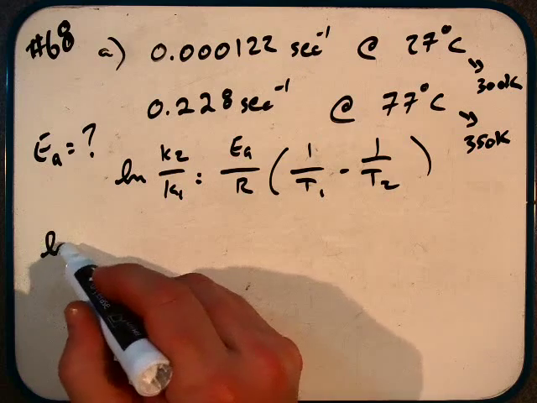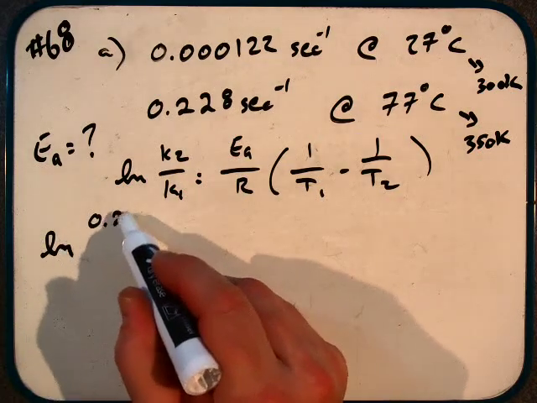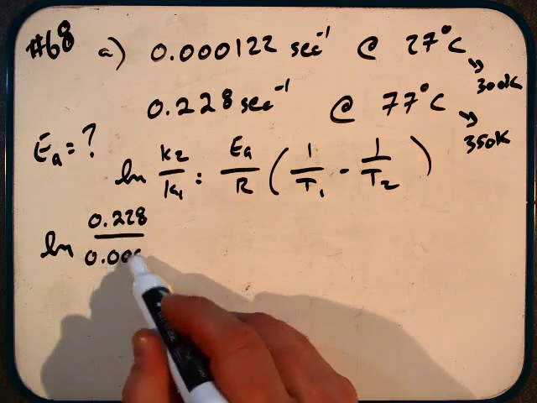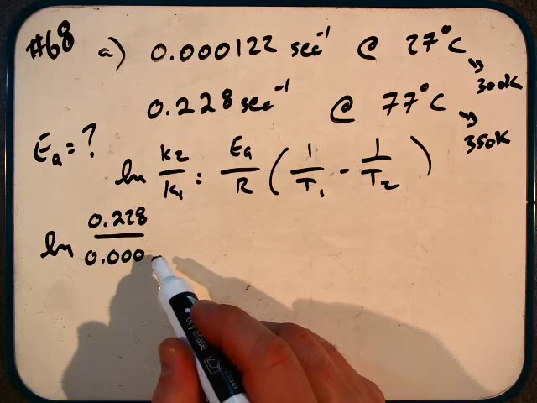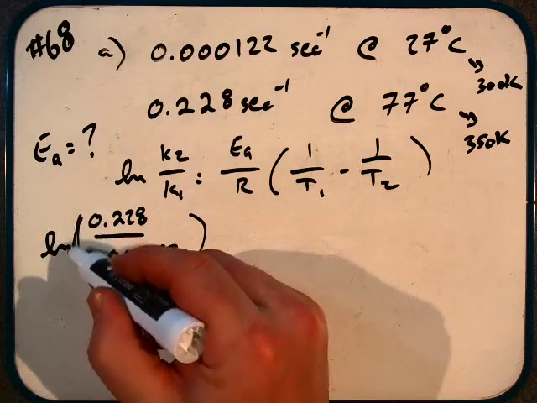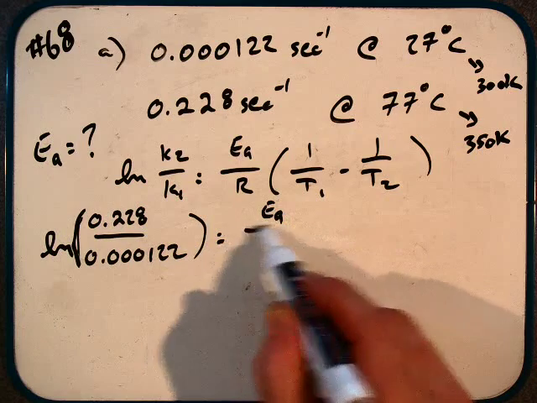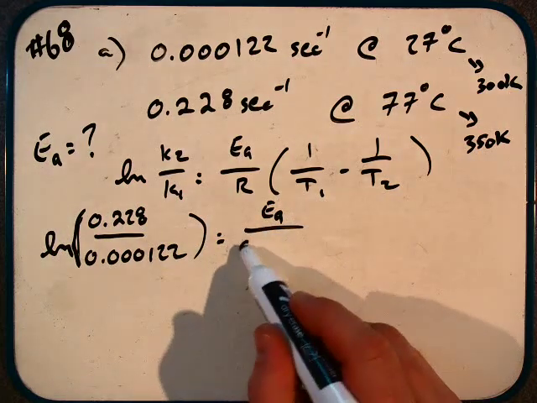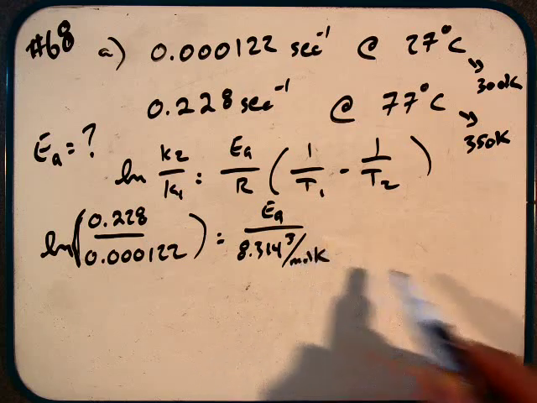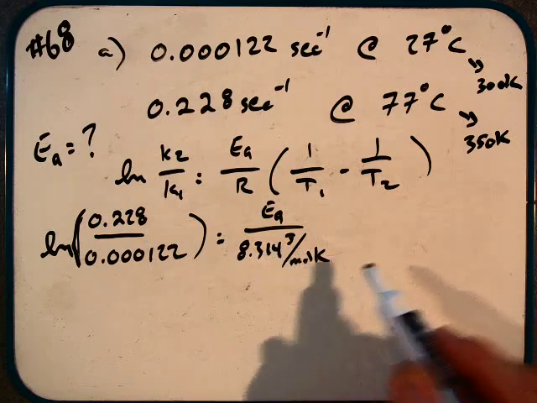So to start the process, we have natural log of K2, so 0.228 over the other rate constant, 0.000122. We're taking the natural log of that. That's going to equal our activation energy, which is what we're looking for, over our R constant, 8.314, and that's joules per mole Kelvin.